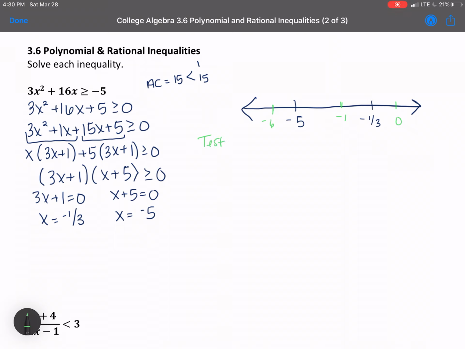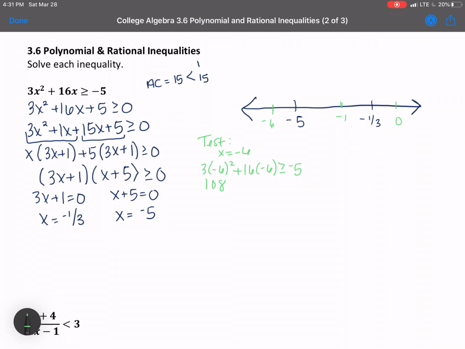And remember, we always test those by plugging them into our original. So we have x equals -6. We have 3 times -6 squared plus 16 times -6 is greater than or equal to -5. -6 squared is going to give us 36, and if we multiply that by 3, we get 108.